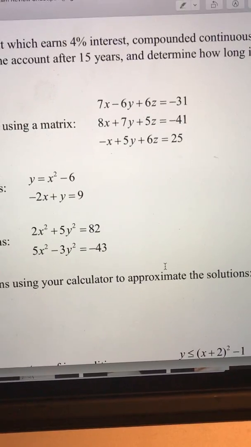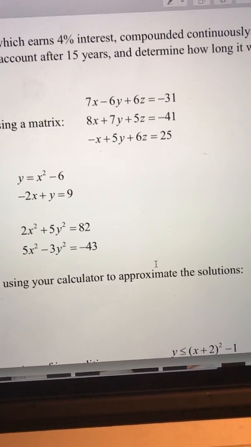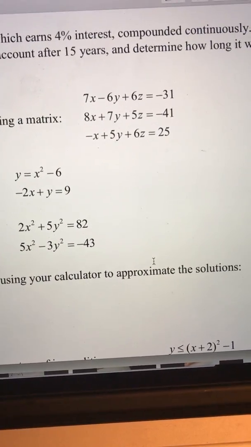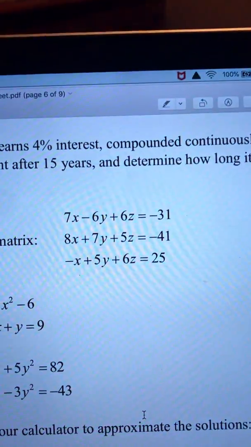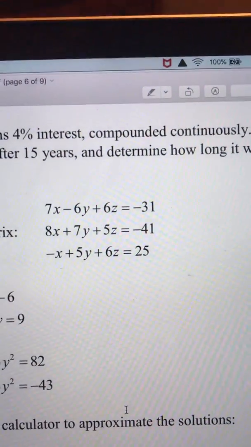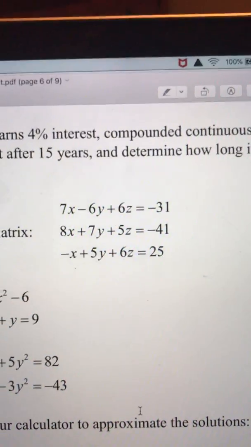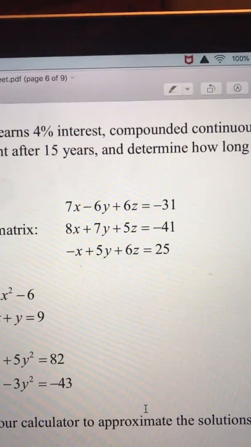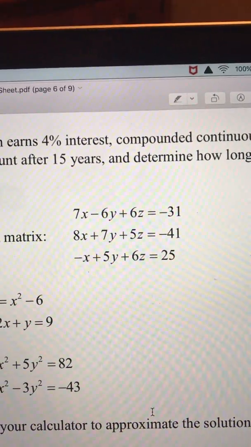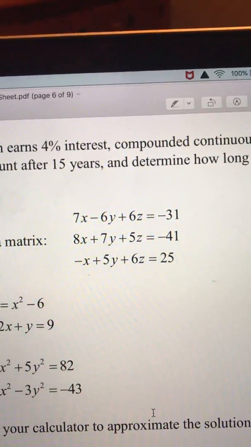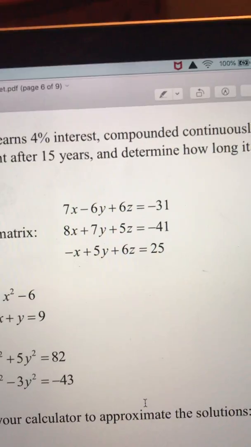The first row is going to be 7, -6, 6, negative 31, just like this. The second row is going to be 8, 7, 5, negative 41. And the third row is negative 1, 5, 6, 25.